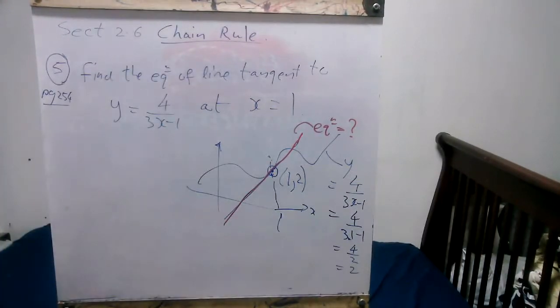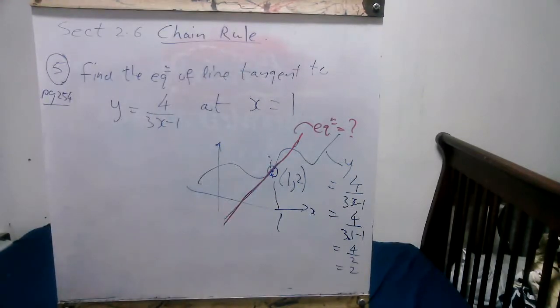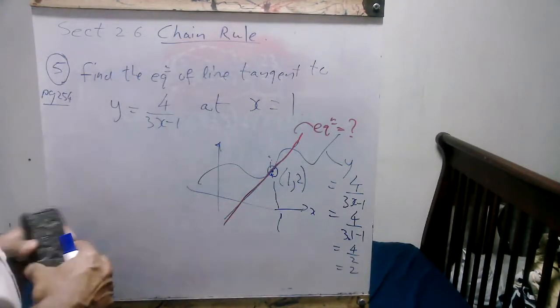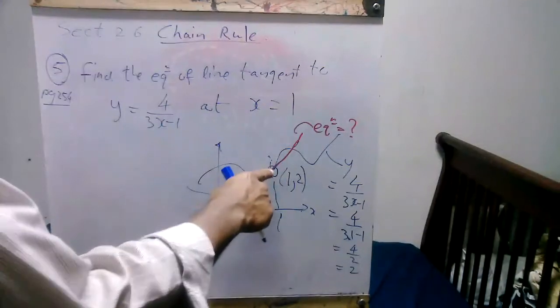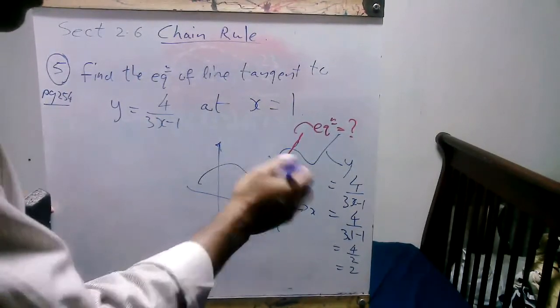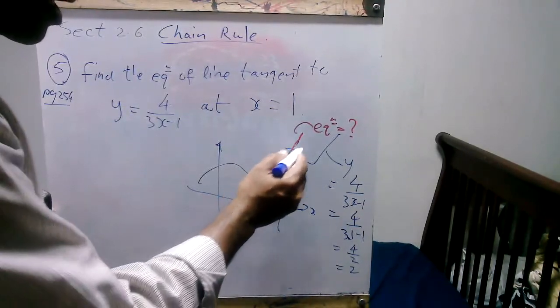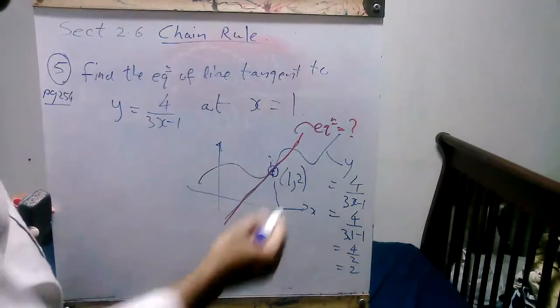Okay, we know coordinates of one point. What we don't know is the slope of the line. Now we learned the slope of this line is the derivative of this curve at this point.